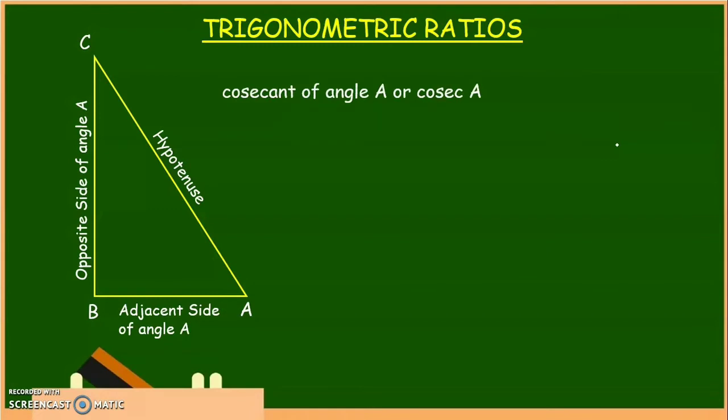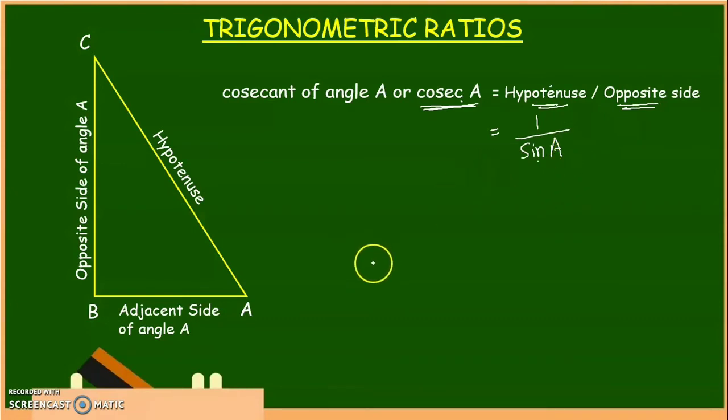The fourth trigonometric ratio is known as cosecant of angle A, or in short cosec A. And the formula for cosec A is the ratio of the hypotenuse to the opposite side, or it is also known as the reciprocal of sine A, 1 upon sine A. We have seen the formula for sine A is the ratio of the opposite side to the hypotenuse, and here cosec A is the ratio of the hypotenuse to the opposite side, means it is the inverse, or you can say the reciprocal of sine A. So for this triangle ABC, the hypotenuse is AC and the opposite side is BC. So this is the fourth trigonometric ratio.